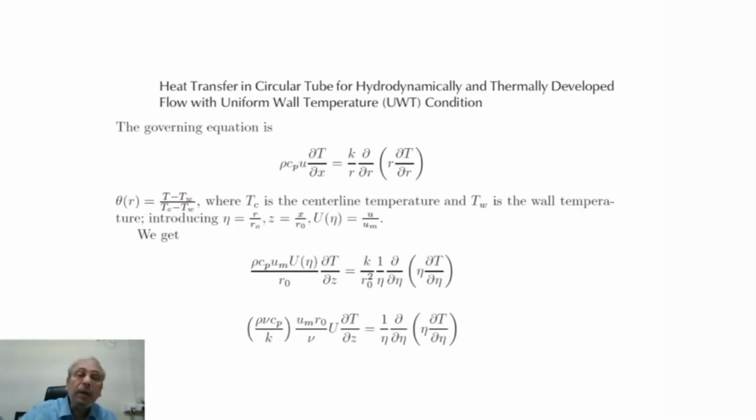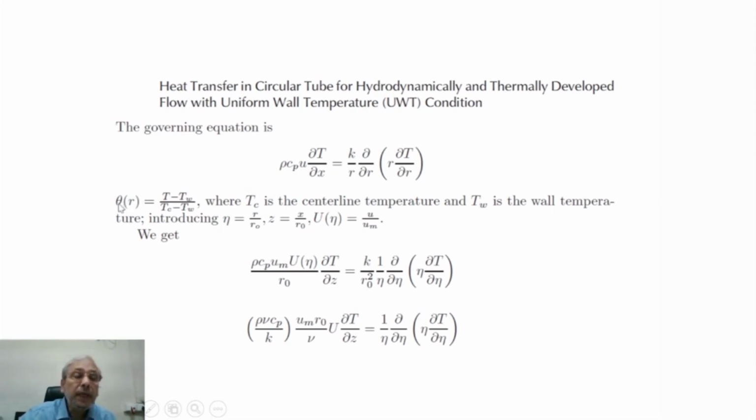So our governing equation is rho Cp U del T del X equal to K by R del R of R del T del R. Since it is hydrodynamically fully developed flow, V component of velocity is absent.